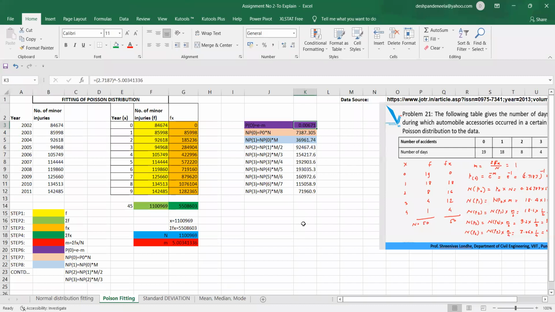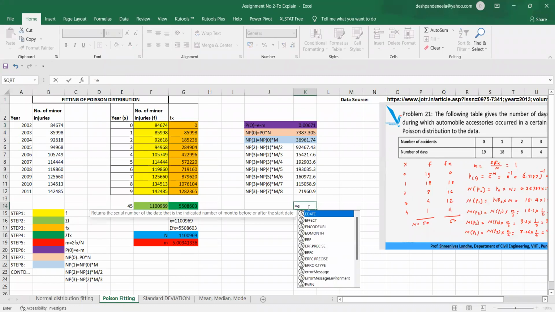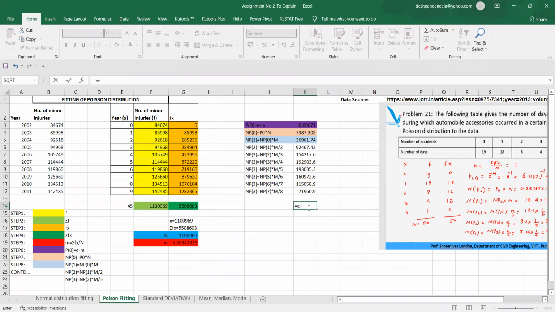Now how much is e? If you try to write it like this, e raised to minus, then this will go wrong. You have to find the value of e. The value of e is 2.7187.